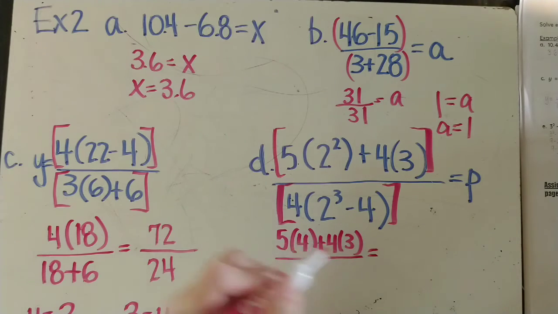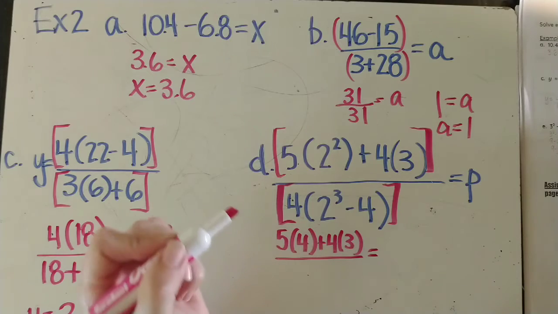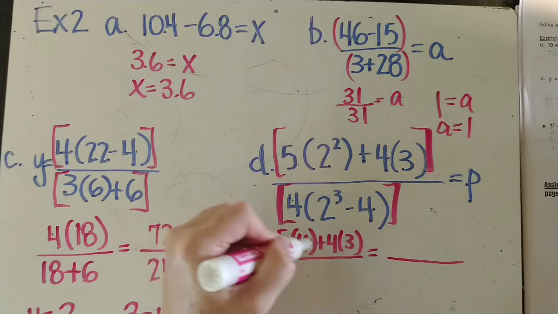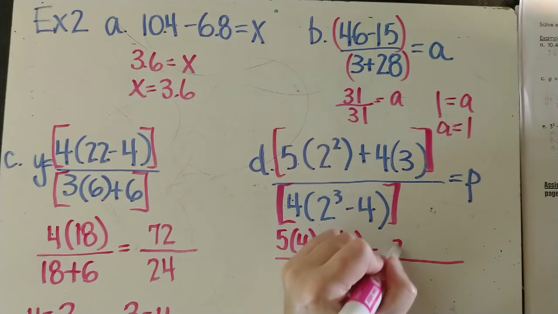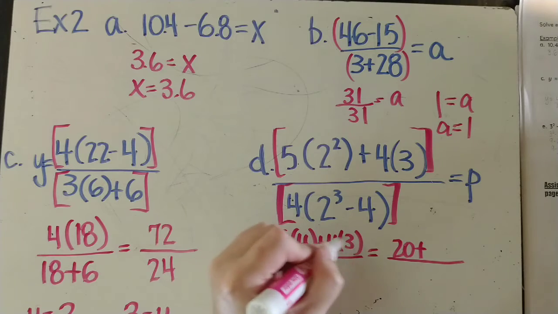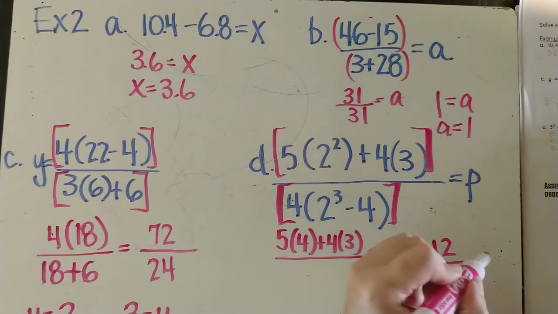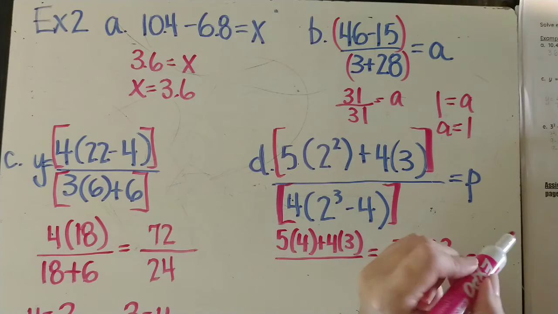And like I said earlier, you can continue simplifying the numerator or you can go to the denominator. I'm going to do it the other way this time and continue simplifying the numerator. 5 times 4 is 20. And 4 times 3 is 12. And then if I keep going, 20 plus 12 is 32.